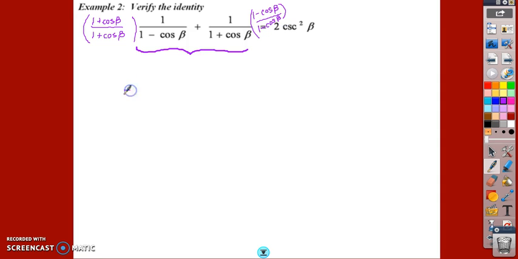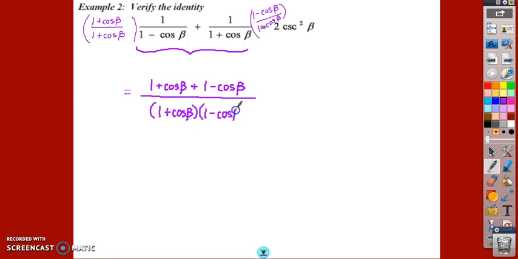Alright, so on the top of this fraction, once I add everything together, it's going to be 1 plus cosine beta plus, from the other fraction, 1 minus cosine beta, and on the bottom is my common denominator. Alright, on the top, I've got a plus cosine beta, a minus cosine beta. I've got 2 on the top.